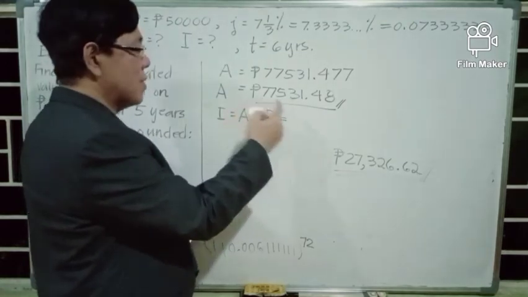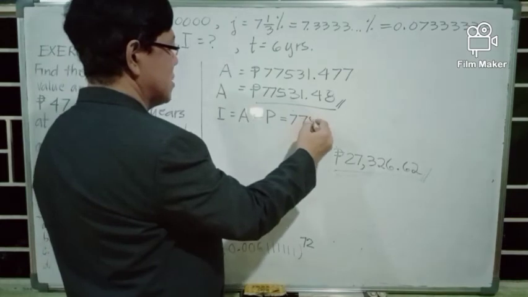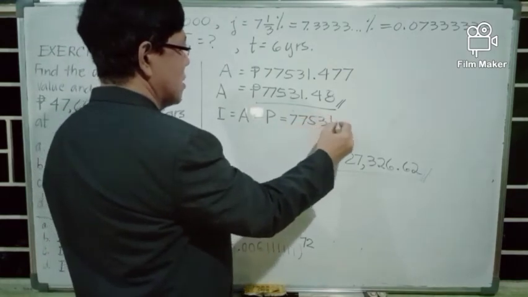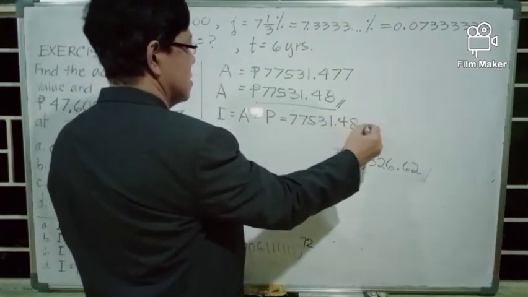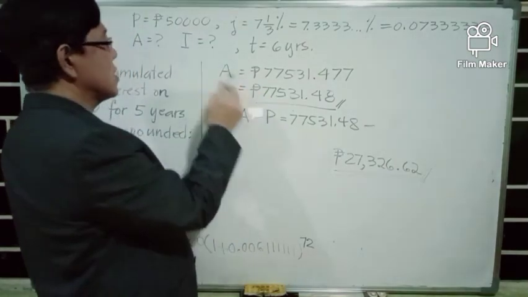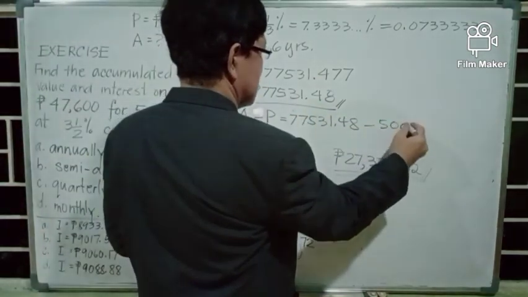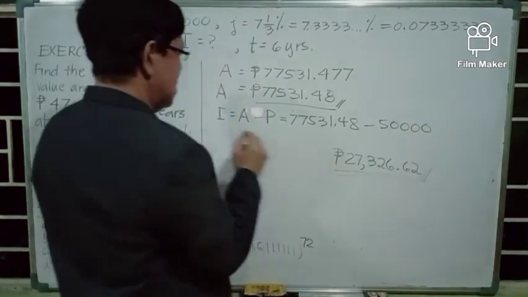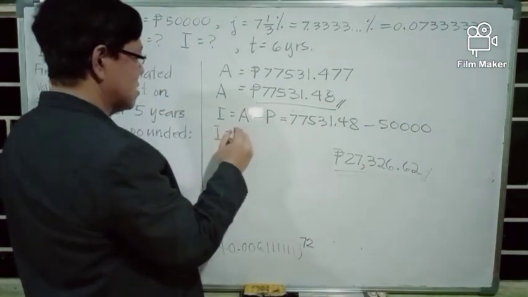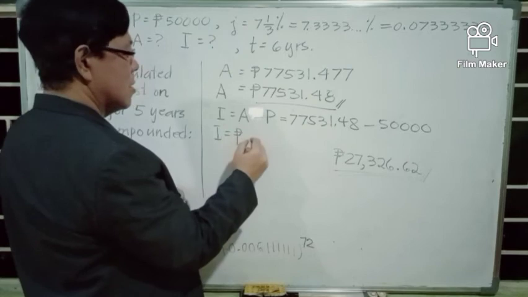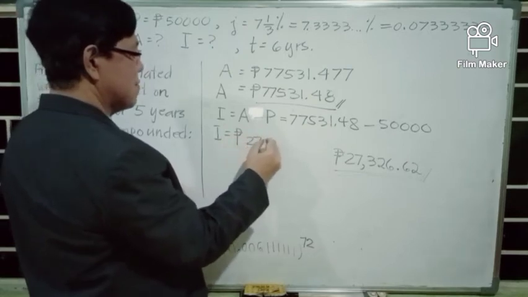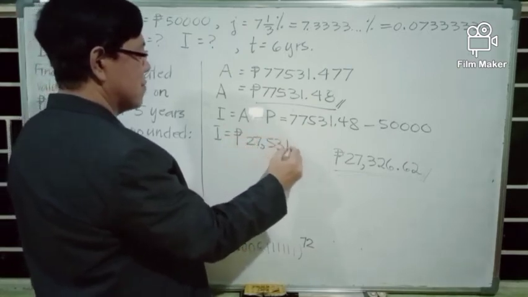Accumulated value is 77,531.48 minus the principal of 50,000 pesos. And the amount of interest is 27,531.48.